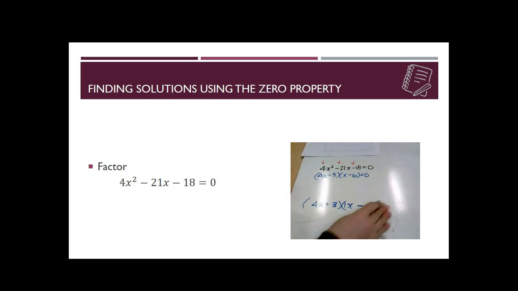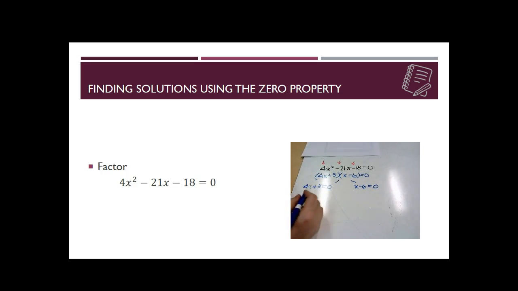Now this is where I can use that beautiful zero property rule. And I know that if those two multiply together to be 0, then one of the two of them, or both, have to be 0. So I'm going to split it. I'm going to have 4x plus 3 equals 0, and or x minus 6 equals 0.